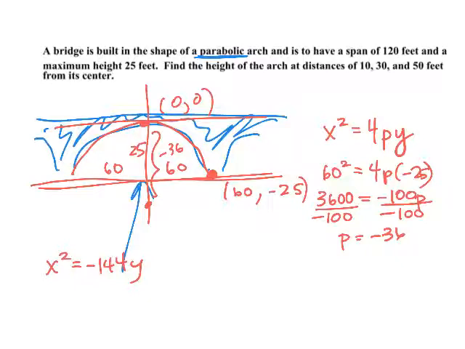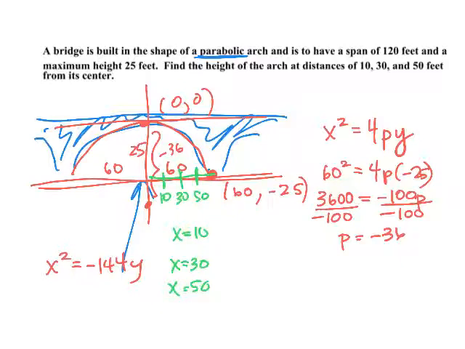They want us to find the height of the arch at distances of 10, 30, and 50 feet from its center. So if this is 60 feet away, we need to go 10, 30, which is halfway, and 50. So we're going to actually plug in values of x at 10, x at 30, and x at 50.